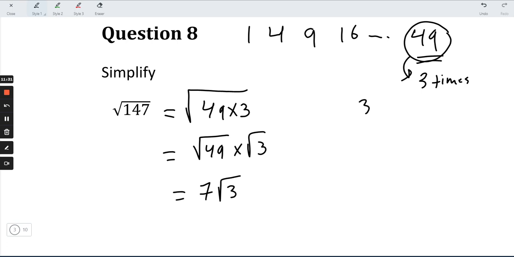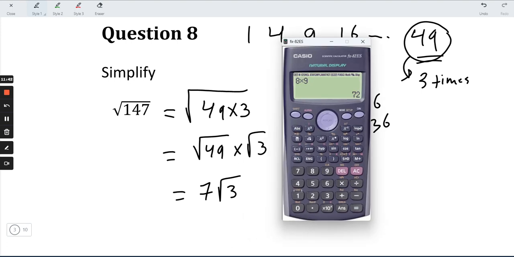If you try the complete square 36, adding how many times will you reach 147? Using the calculator quickly, 36 plus 36 equal 72, plus 36 equal 108, plus 36 equal 144, still less than 147, plus 36 you will get 180, which is bigger than 147.